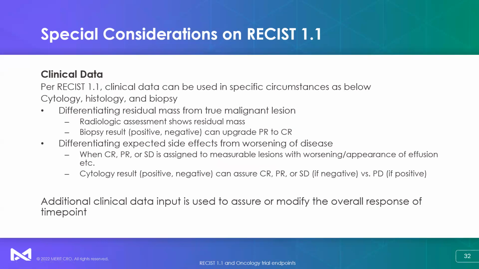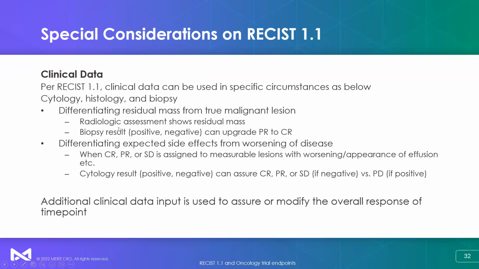Another clinical data that can be used to help RECIST 1.1 would be cytology or histology and biopsy in specific circumstances. This information can be used to differentiate responses from progression. For instance, differentiating the residual mass from a true malignant lesion can be aided by a biopsy result.